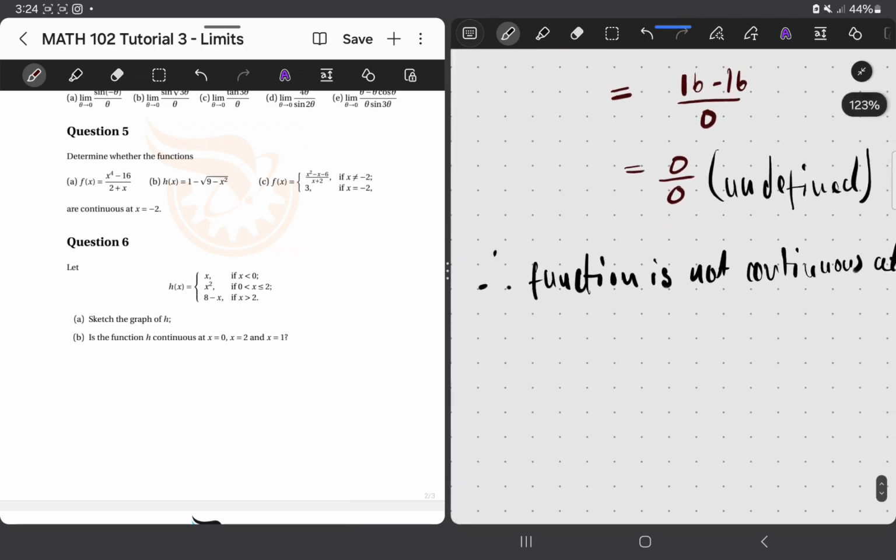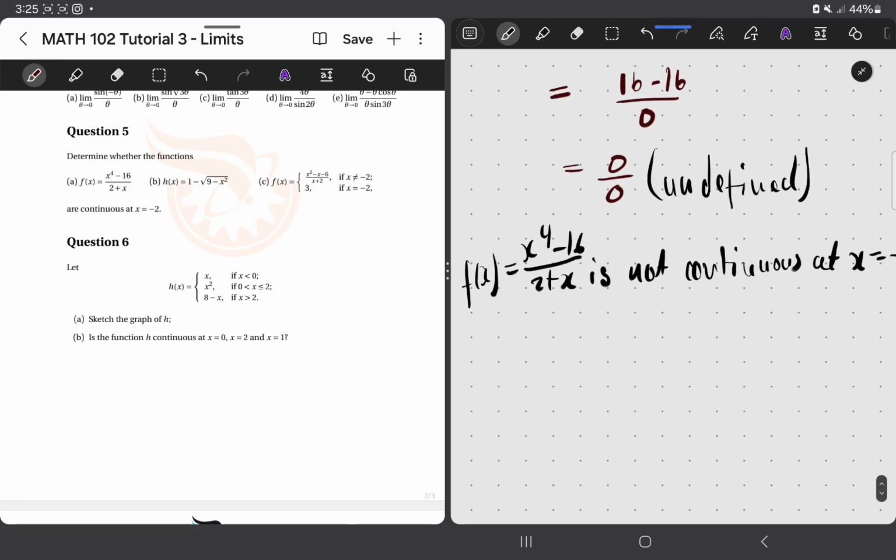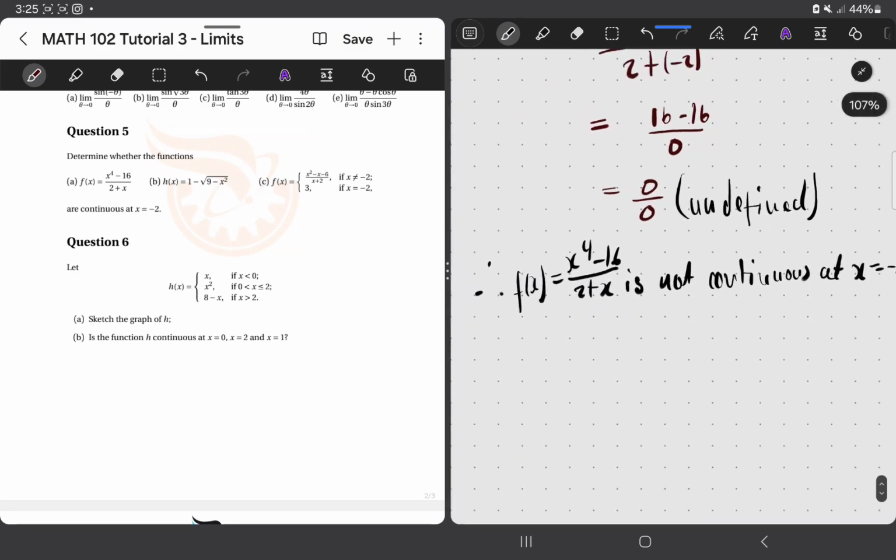Or if you want, you can say, therefore, f of x equal to x to the 4 minus 16 all over 2 plus x is not continuous at x equal to -2. You can put that, okay? So this is going to be your solution.